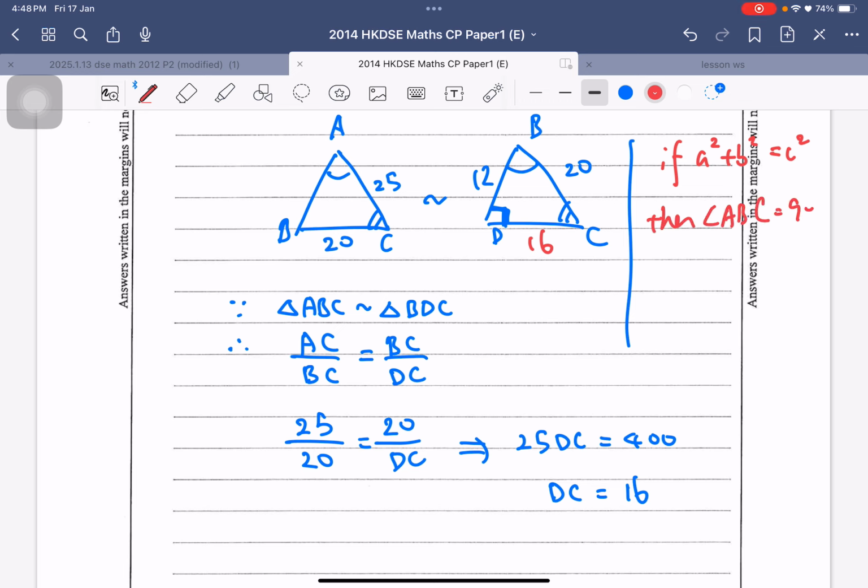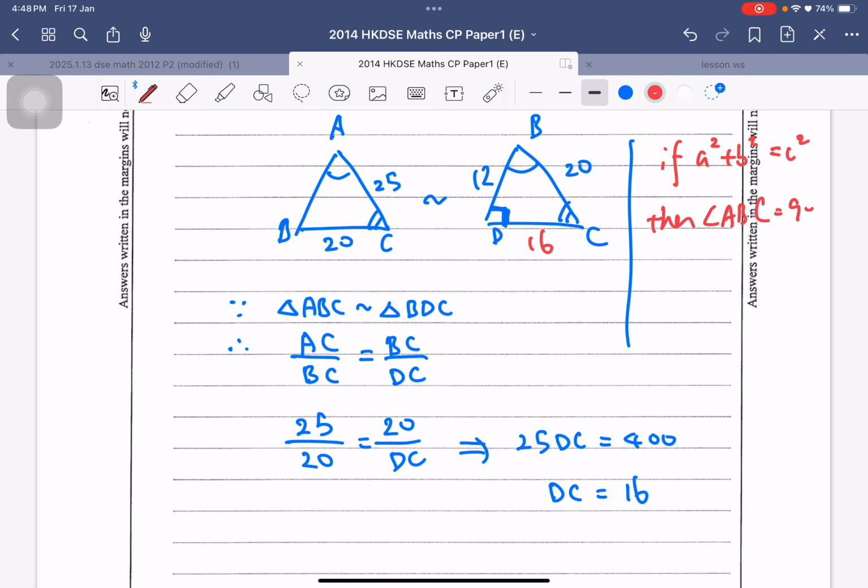So which side is our A, B, C in this triangle BDC? This one. A squared is DC, okay? And then B squared is BD, exactly, because C squared is going to be the longest side.